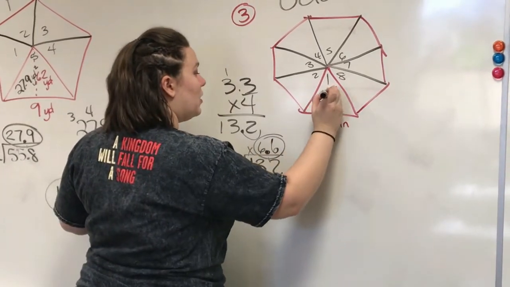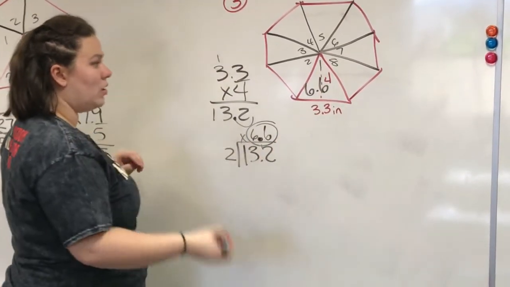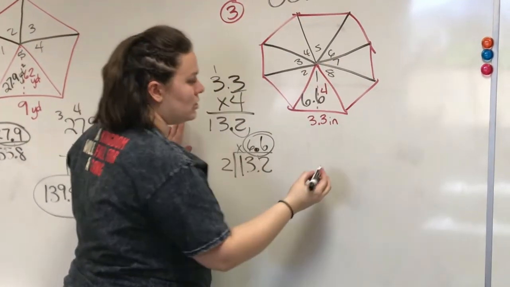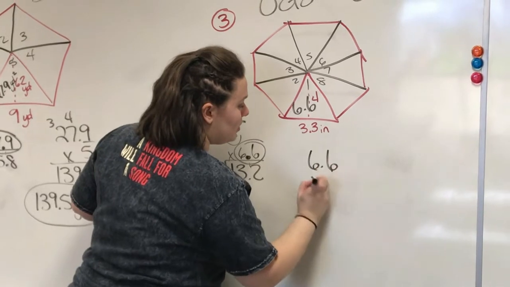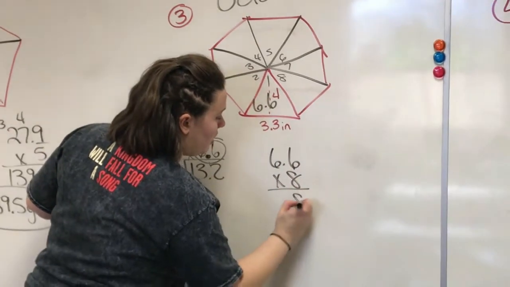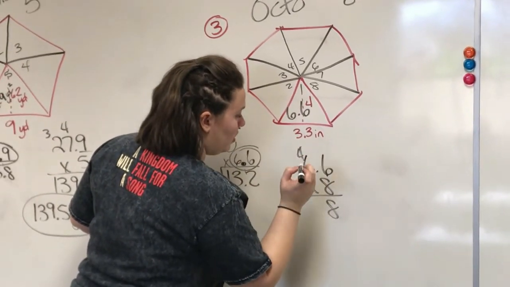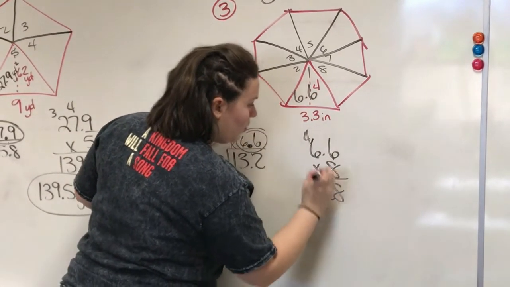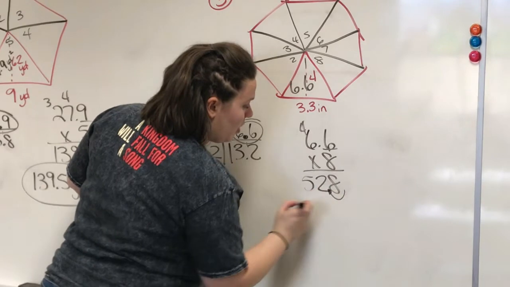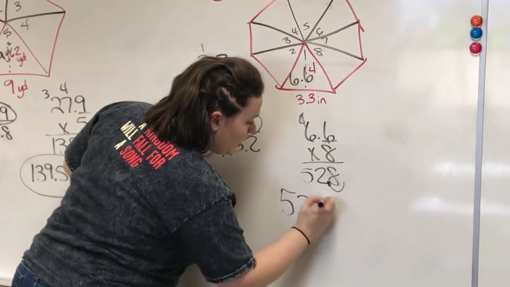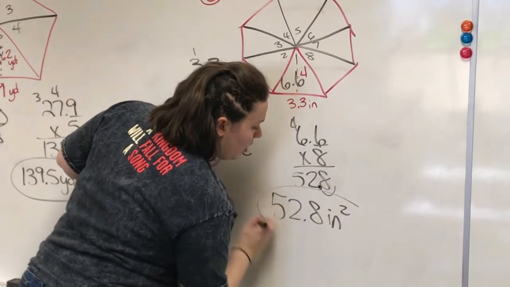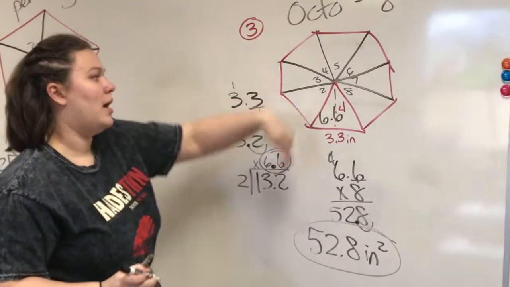We have 6.6 for this one triangle. However, we need to multiply it by that 8 to get the entire octagon. 6.6 times 8, 48. 48. 52 with 1 decimal place. 52.8 inches squared for that whole entire octagon.